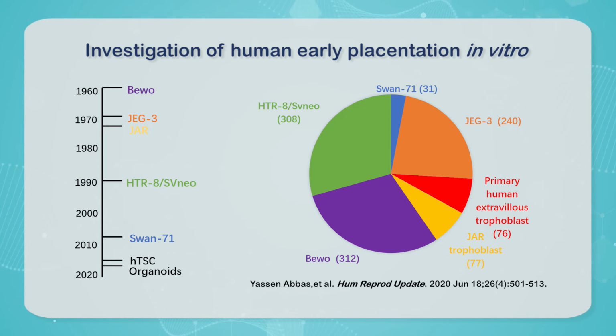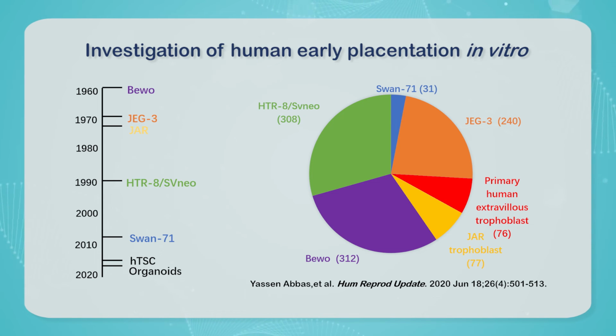Primary human trophoblast cells isolated from the first trimester placenta and villus explants are also utilized for functional and mechanistic investigations. More recently, human trophoblast stem cells have been derived. They can be differentiated into both syncytial trophoblasts and extravillous trophoblasts.